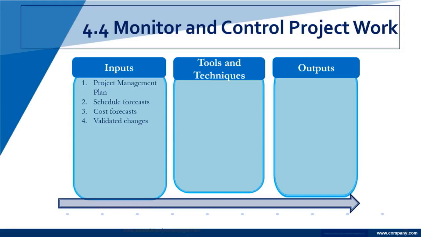You have validated changes. Any changes that have happened that have been validated, we use those. Any work performance information that we may have gathered, our enterprise environmental factors, and organizational process assets. So it's our kind of standard grouping of things. Makes perfect sense that these would be the information we would need as we monitor, control the project work.